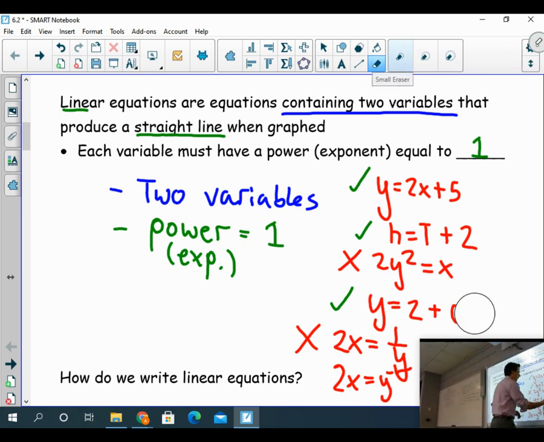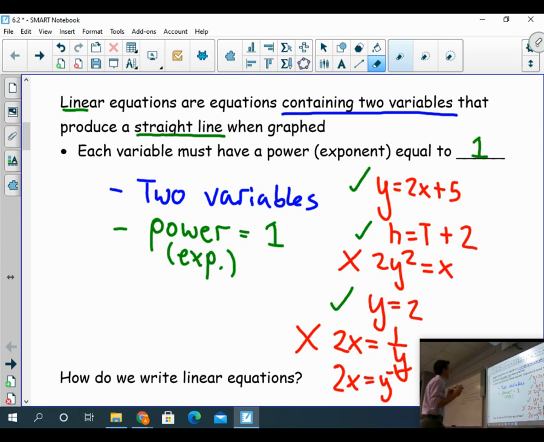And this is why, if you graph y equals 2, you will see a straight line. It is a linear equation, okay? I think we looked at an example of a graph earlier. y equals 2 produces a horizontal line, but we'll dive into that more in later sections.